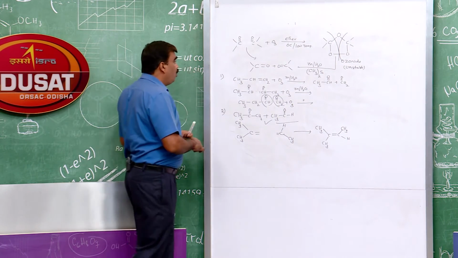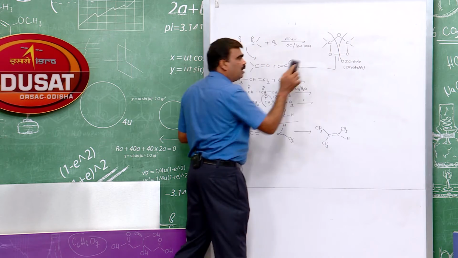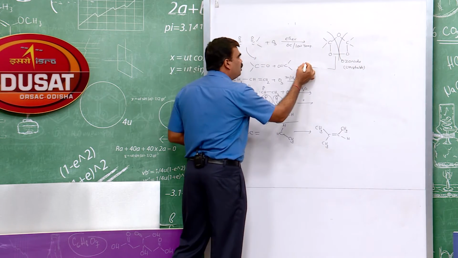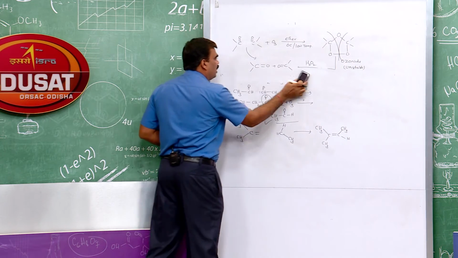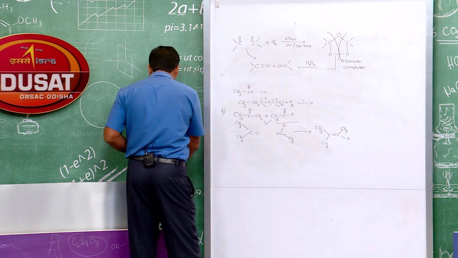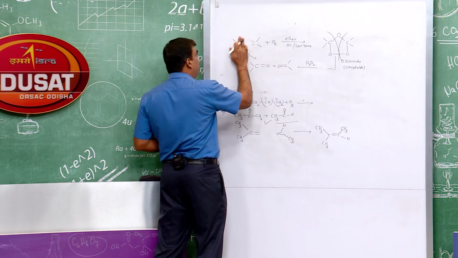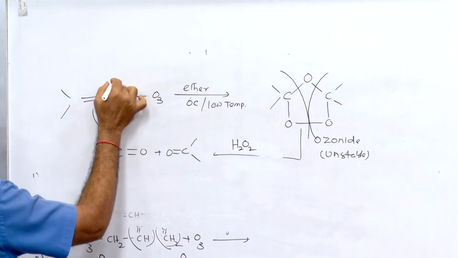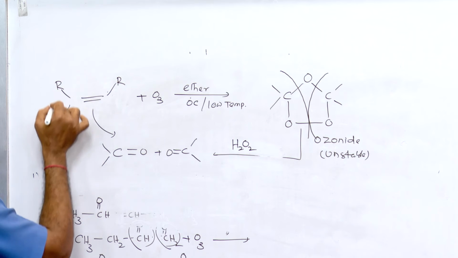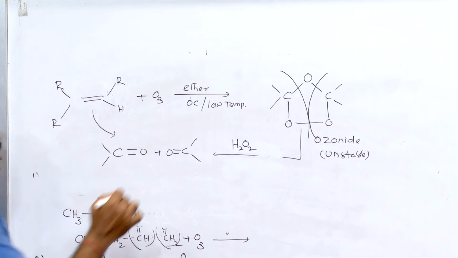Another thing is, if you add, instead of a reducing agent, if you add hydrogen peroxide or oxidizing agent, that will give you oxidative cleavage, means you may get ketone or acid. For example, if I take double bond, means here you have R, here R, you have R, here you have H. Remember this one.